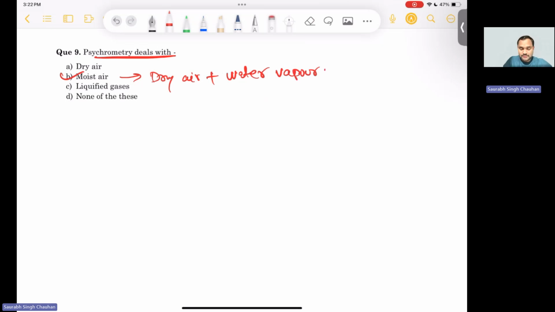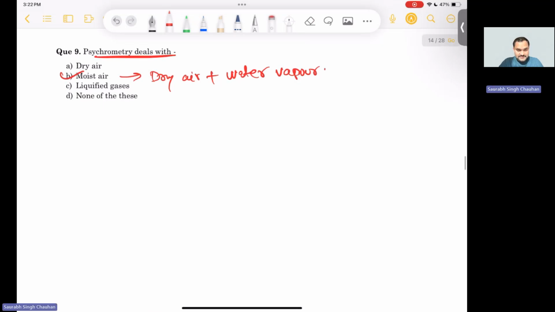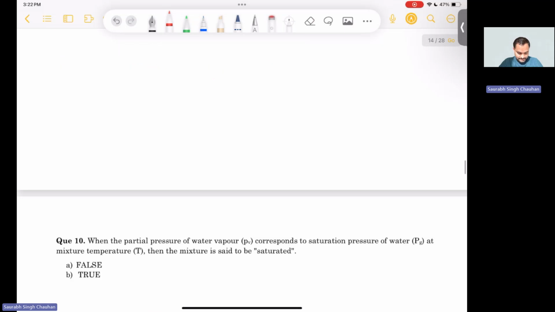So psychrometry is the study of moist air. If it is clear, then we will move to the next question.